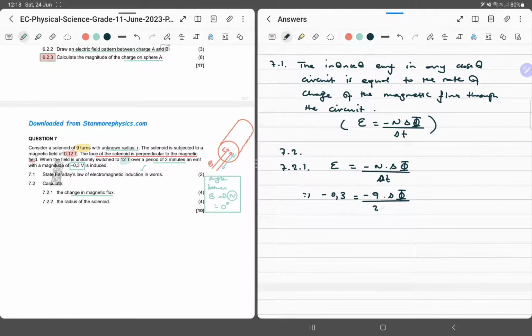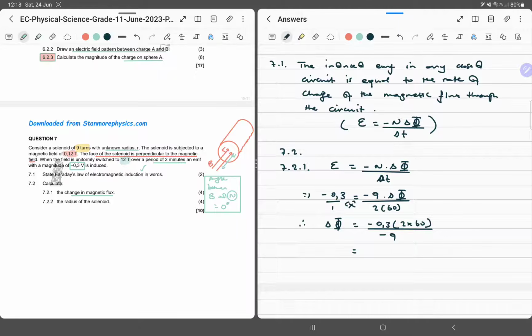Now 2 minutes is 2 times 60, because there are 60 seconds in a minute. Therefore delta phi, remember this is over 1, we cross multiply: minus 0.3 times 2 times 60 divided by minus 9.